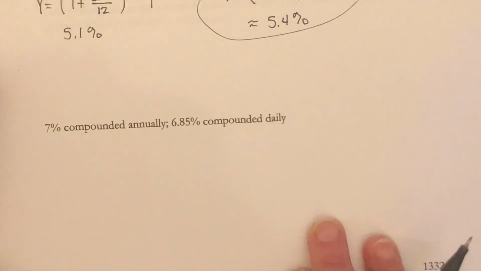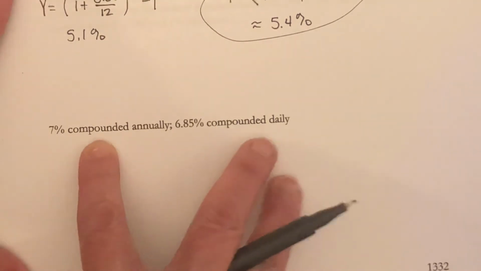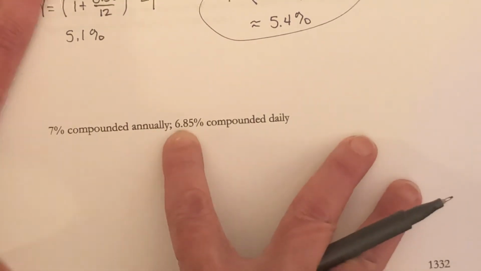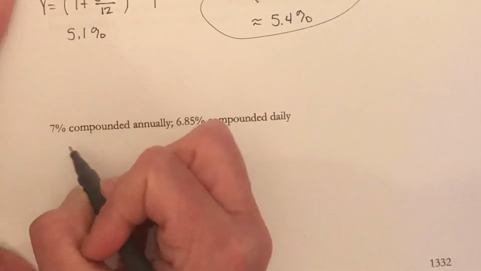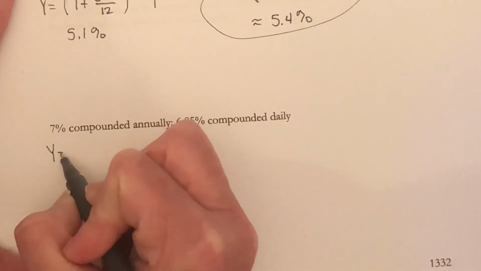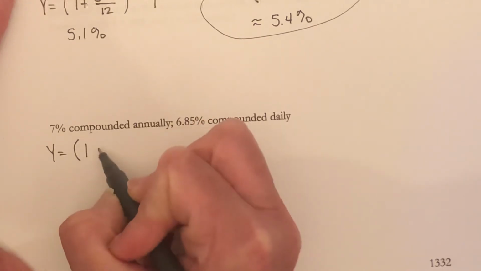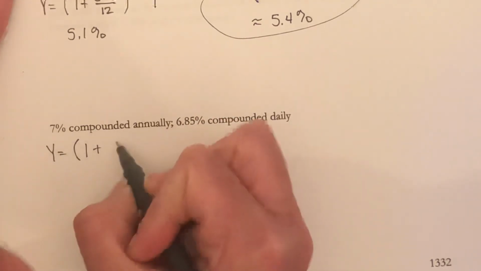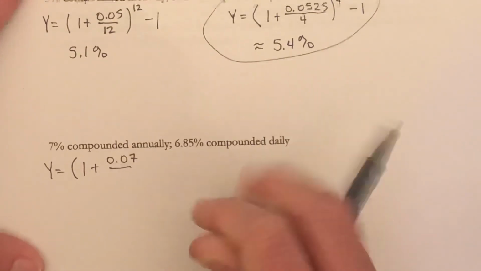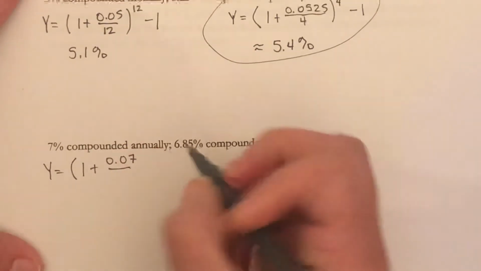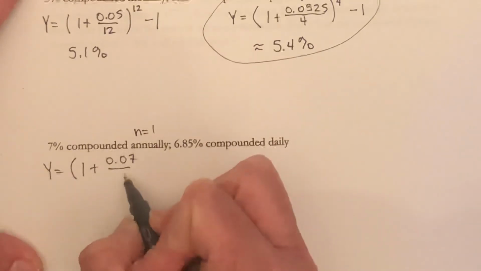Same type of problem, but we have 7% compounded annually and 6.85% compounded daily. Okay, so our yield is 1 plus our rate, 0.07, over the number of times we're compounding. Annually would be 1. This is n equal to 1.